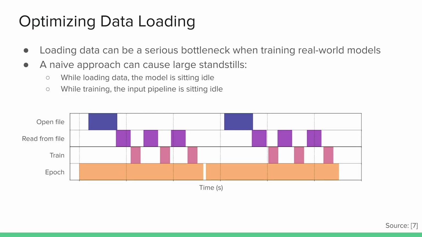Because while you're loading, the training pipeline is sitting idle, and while you're training, the loading is sitting idle. So you have these two things, one in charge of getting more data and the other in charge of training on that data. And if they are waiting for each other, this can be super slow.